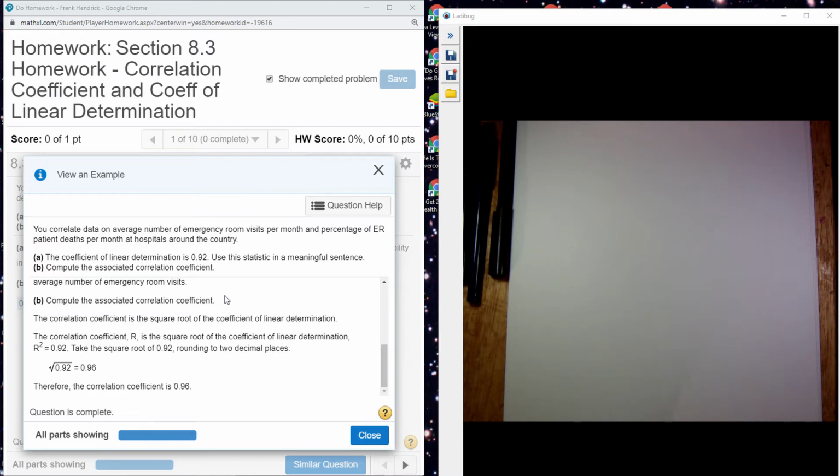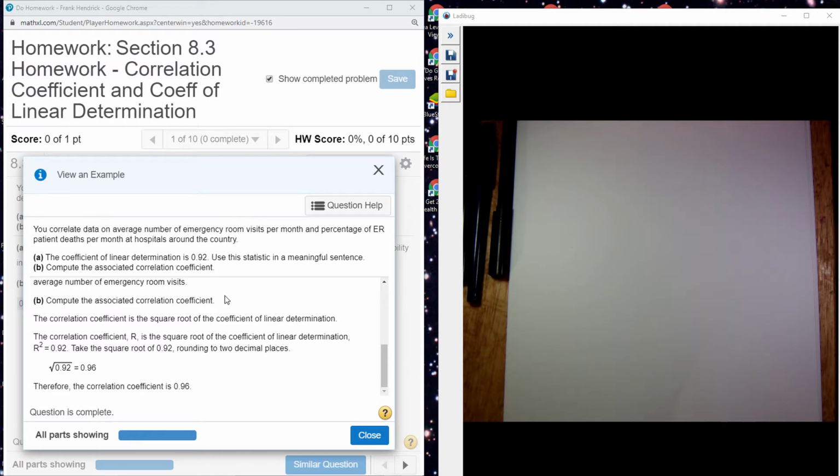Now, in this section here, 8.3 deals with a correlation coefficient and coefficient of linear determination. Simply stated, correlation deals with things that are increasing together or decreasing together, that appear together.